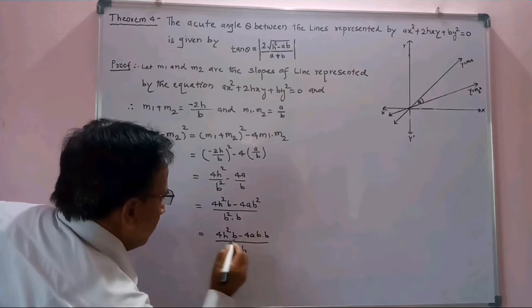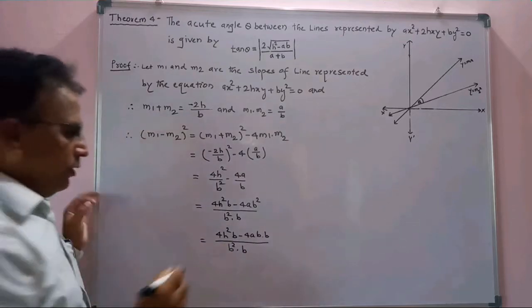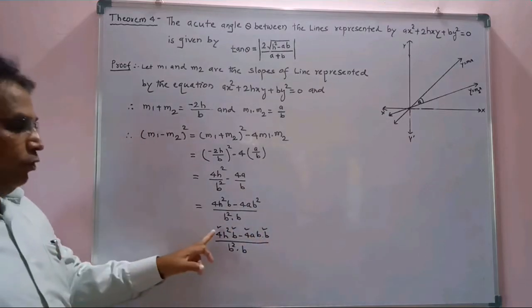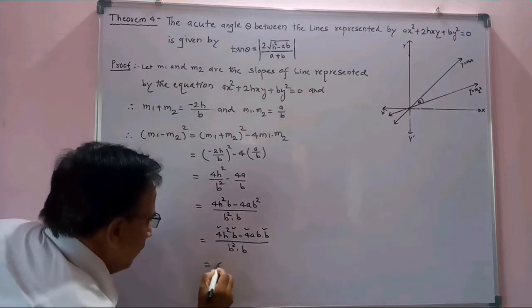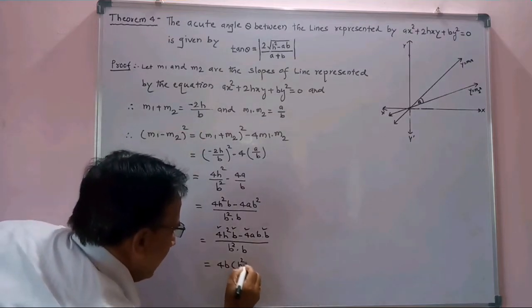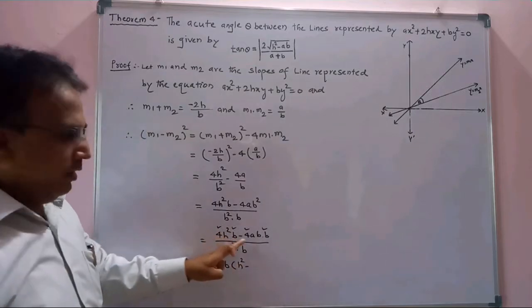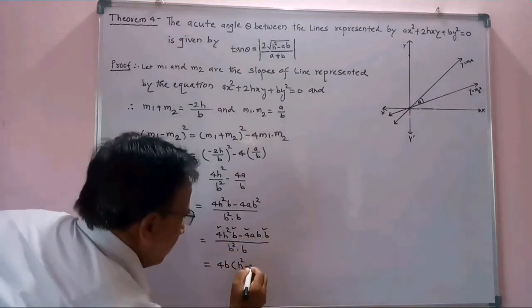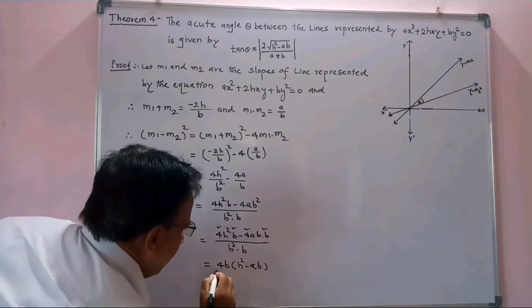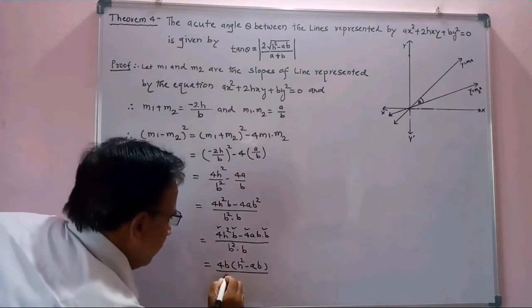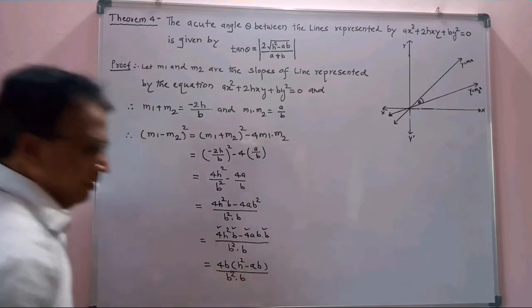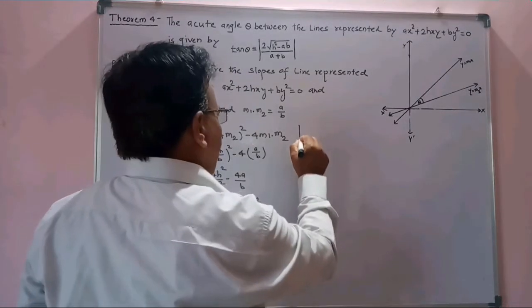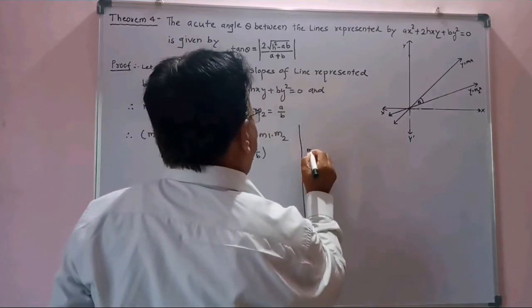Here 4b is common, so 4b into (h square minus ab) divided by b square into b. Therefore b divided by b cancels.